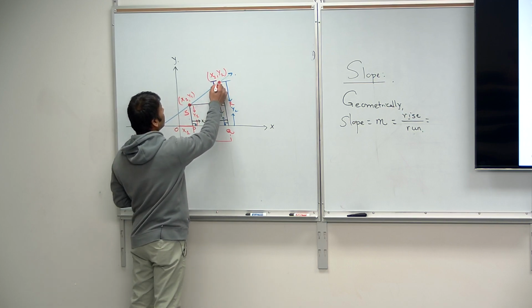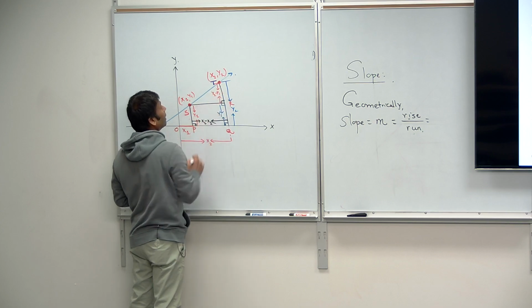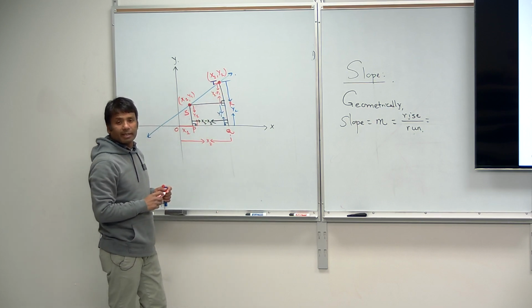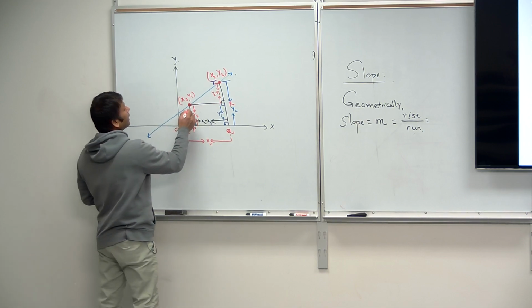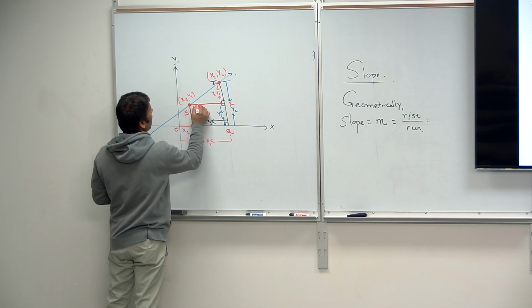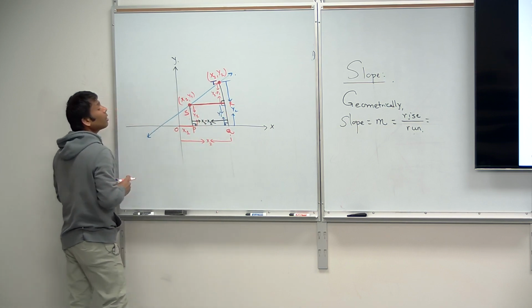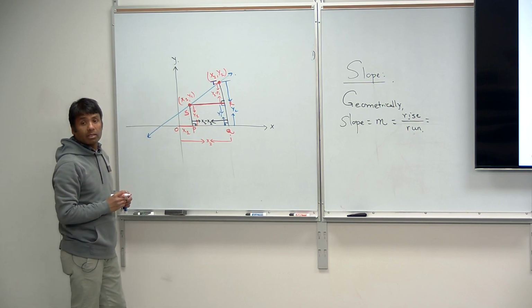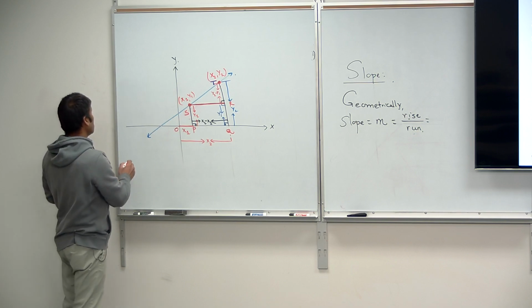This is y2 minus y1. Exactly. So you see, this is y2 minus y1. See that? Now this is called the run, the change in the horizontal distance.